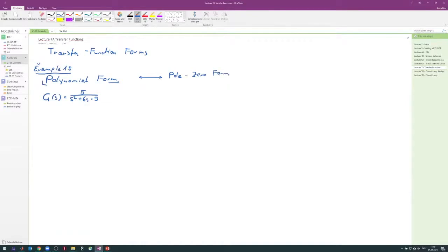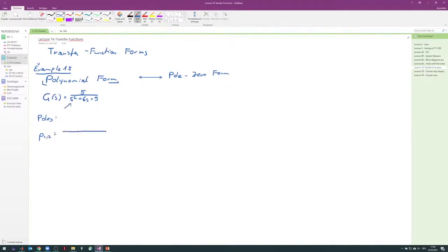So how does this pole zero form look like? Instead of 2 polynomials, we only have 1 polynomial here. The numerator is constant, so it's not that hard. How does the pole zero form look like? Well, we explicitly write the poles and zeros. We need to calculate the poles of this function. If we calculate the poles 1 and 2, we need to solve this polynomial.